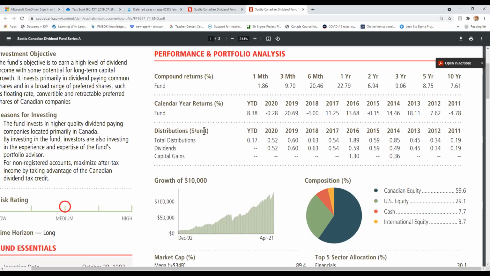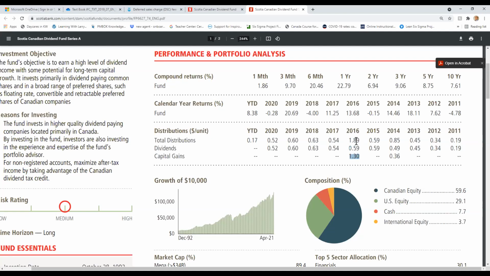That'll be 189. Yes, that's right. Simply multiply by 100. If you have one unit, you're going to get $1.89. If you have 100 units, you multiply it by 100, move the decimal over two spaces, you get $189 from distribution. And of that $189, $59 is dividends and $130 is capital gain.